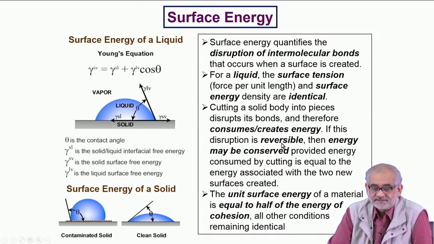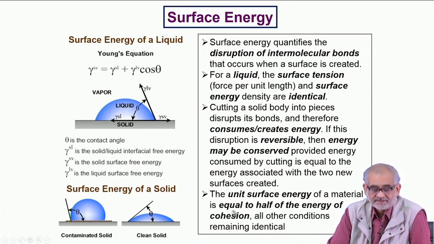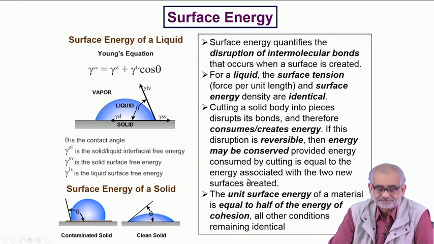If this sectioning is reversible in nature, and we also assume that the energy is conserved, then we know that the energy at the surface will be exactly half the energy of the cohesive forces existing otherwise among these atoms across the section. So this is how the surface energy can be defined or related to the energy of cohesion that exists inside the crystal.